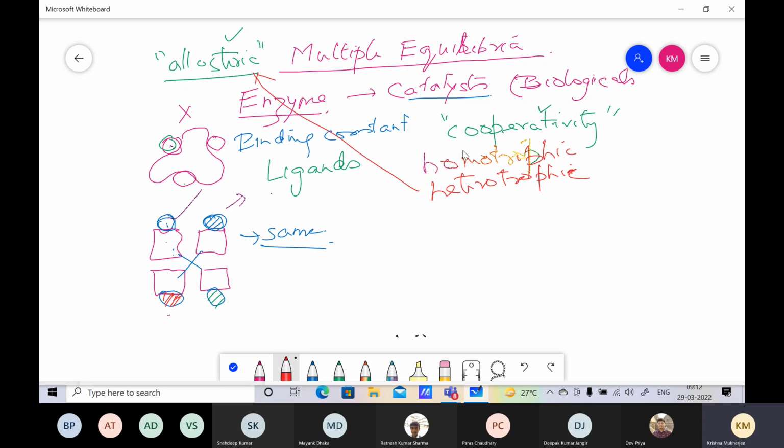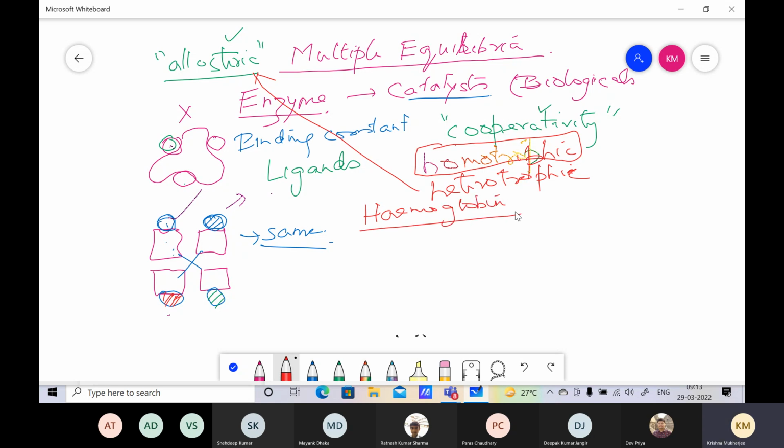So it is very important that there are homotropic effects. The fact that enzymes show homotropic effects, where binding of one affects the binding of the other, is the reason why all of us are alive and not dead, right? We are all alive because enzymes have the ability to show homotropic effects, because hemoglobin is the best example of such cooperative effects.